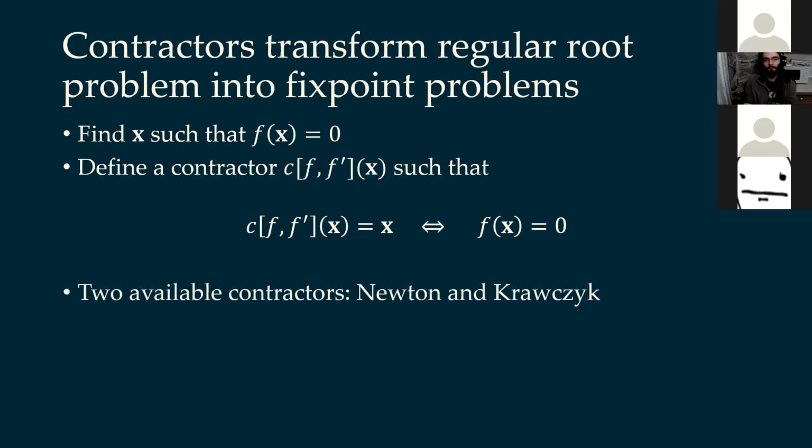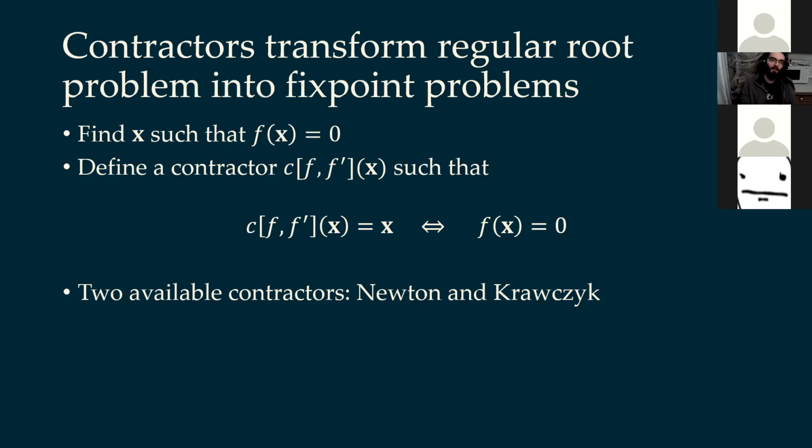In IntervalRootFinding, we implement two different contractors. One is called Newton, one is called Krawczyk. They are very similar. They have some different properties, but it's generally not very clear. In general, they will give the exact same results, and they have the same rate of convergence, for example.